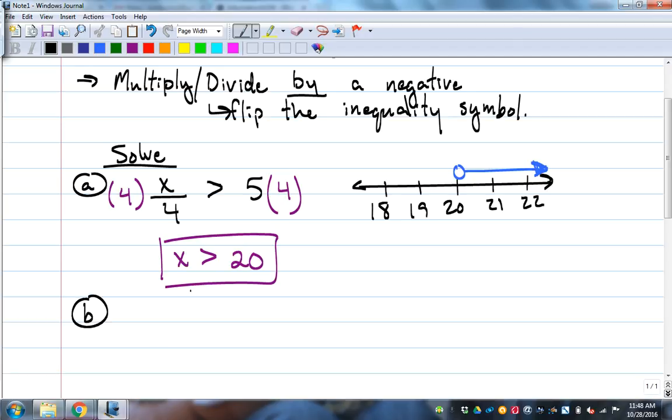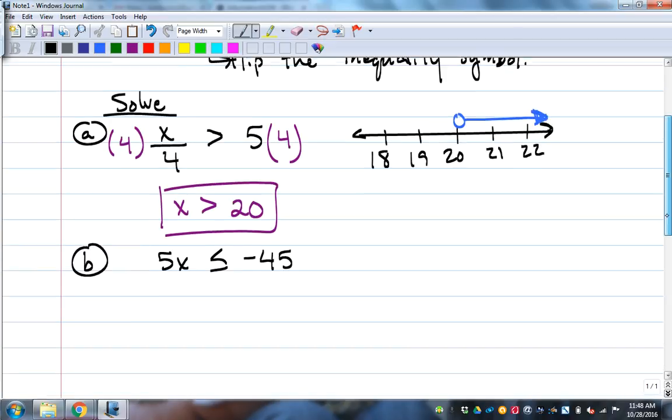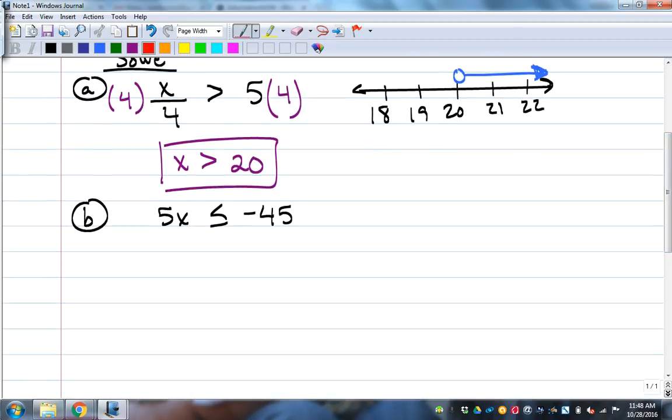So we had 5x is less than or equal to -45.